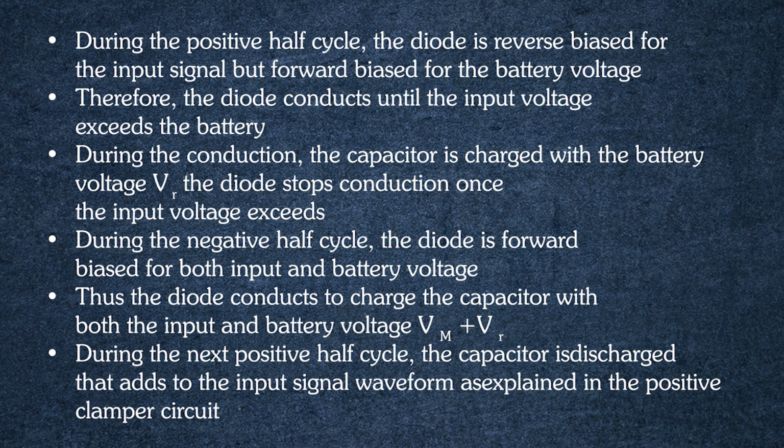Thus, the diode conducts to charge the capacitor with both the input and battery voltage, that is Vm plus Vr. During the next positive half cycle, the capacitor is discharged, which adds to the input signal waveform as explained in the positive clamper circuit. In this way, the output waveform is further shifted by applying the positive biasing circuit.